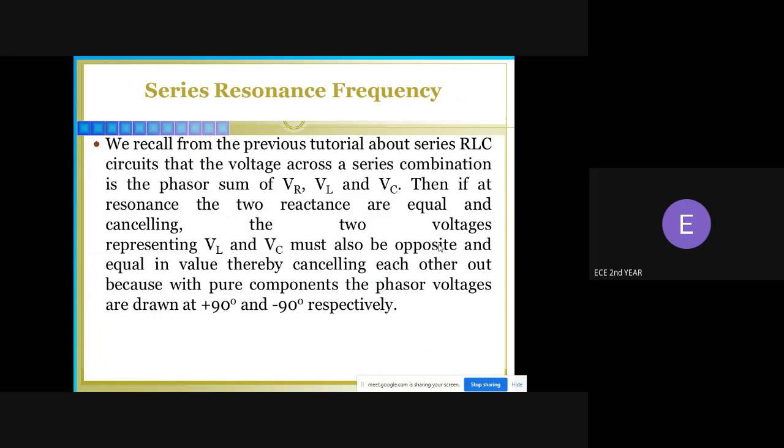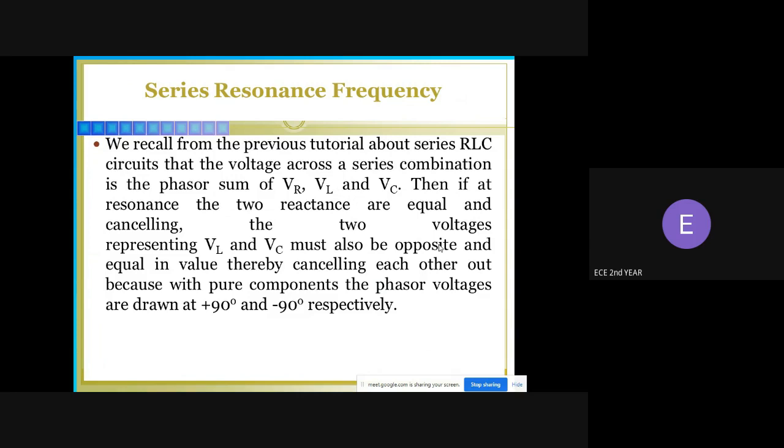We recall from the previous tutorial about the series RLC circuit that the voltage across a series combination is the phasor sum of the voltage across the resistance, voltage across the inductor, and voltage across the capacitor.